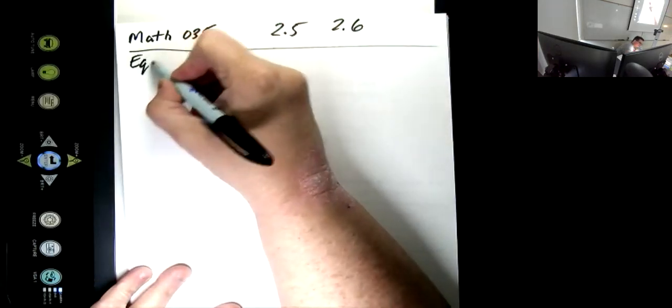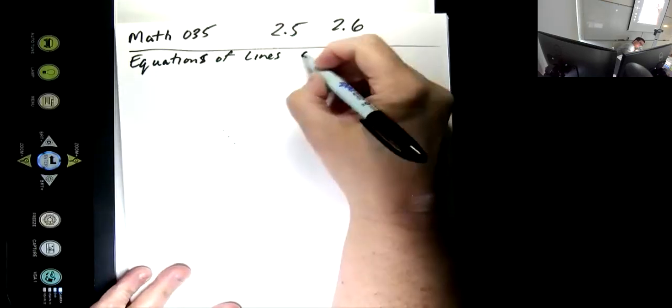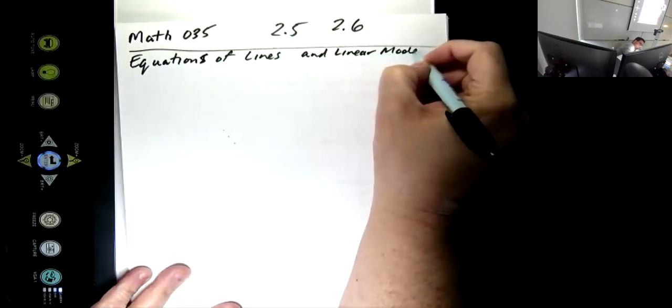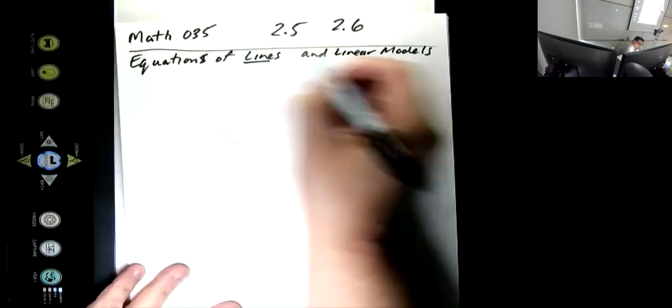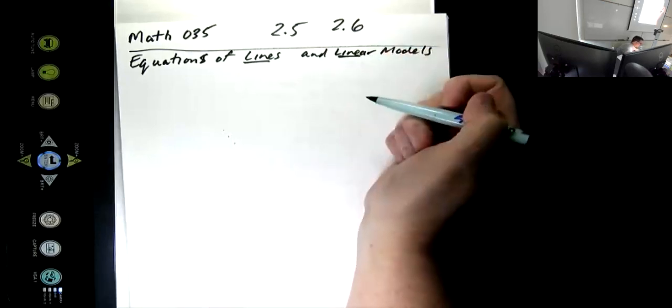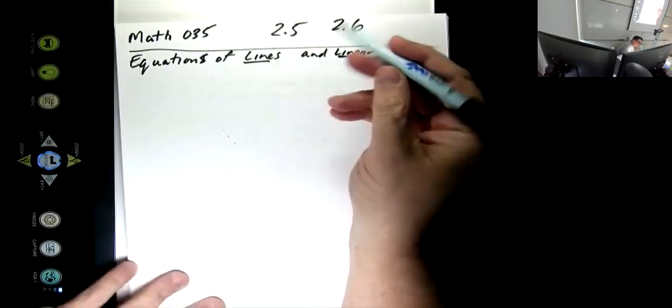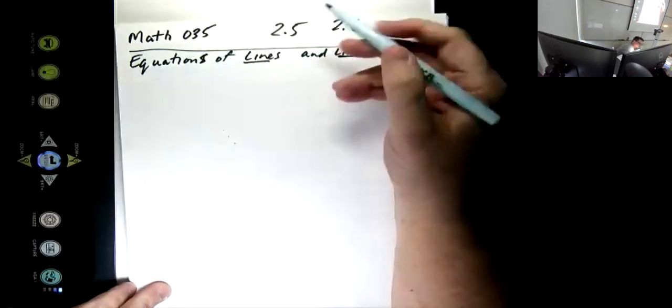2.5 is on equations of lines and linear models. Linear has the word line in it. We're doing straight lines. There's a couple forms for it.